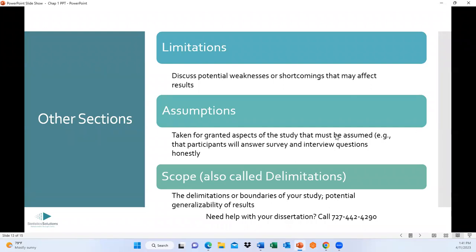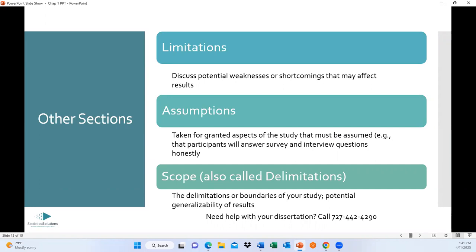Assumptions, and look some of these things up too if you don't know them, and we do have resources on our website, blogs and definitions and things. Assumptions are things that you have to take for granted, that you have to assume, that you don't have control over, right? And one of the big assumptions is that you have to assume that your participants are going to respond honestly to the best of their ability, because you don't have control over that, right?